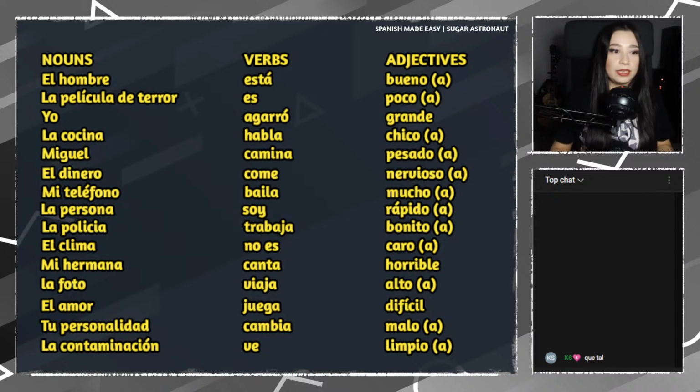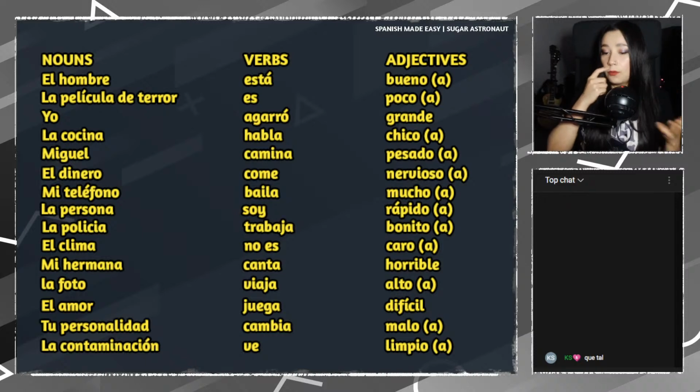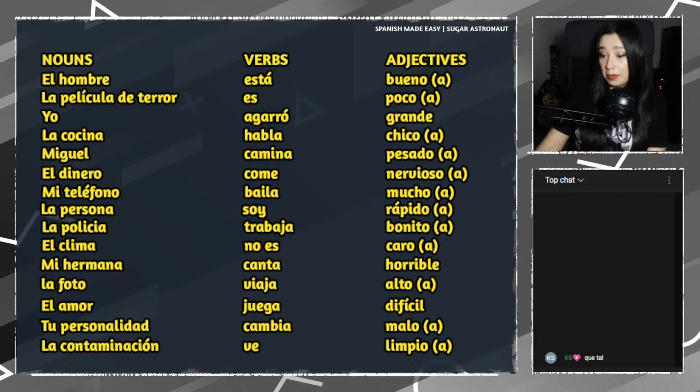Okay, there are different nouns. It could be a person, could be a feeling, something tangible or not. It could be people, animals, things, and so on. So those are nouns. And technically, the definition of a noun is a word used to identify any of a class of people, places, or things. This is according to Google. Okay. Verbs are about actions. What are you doing, right?